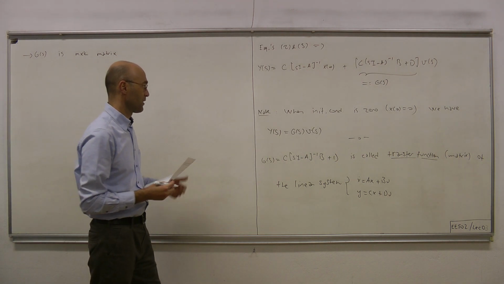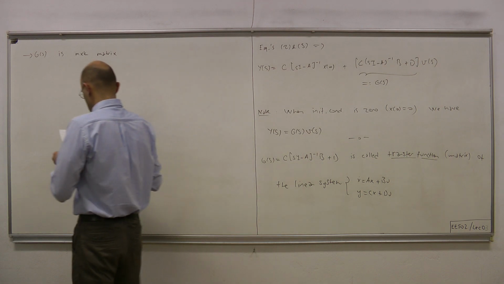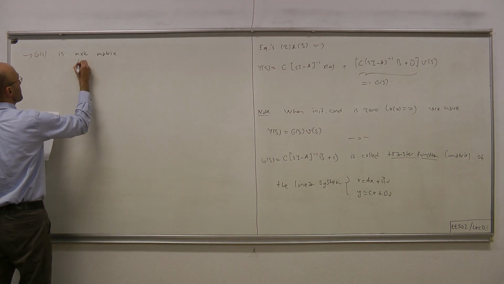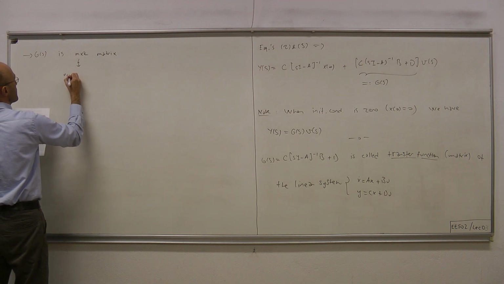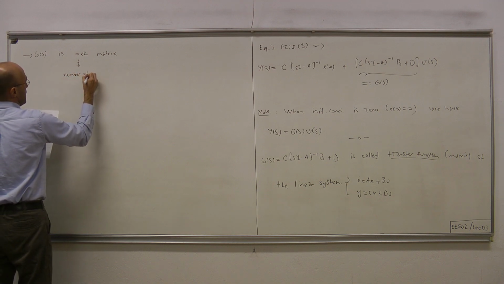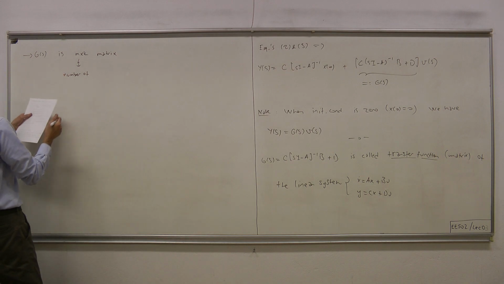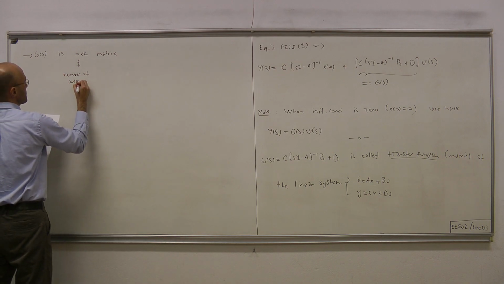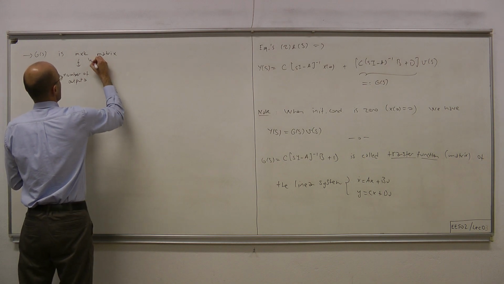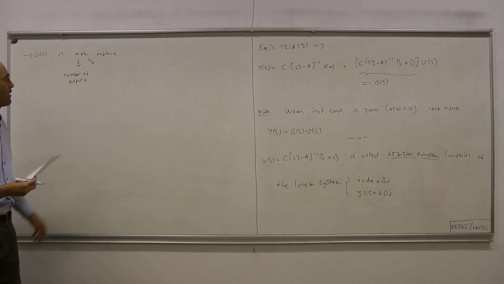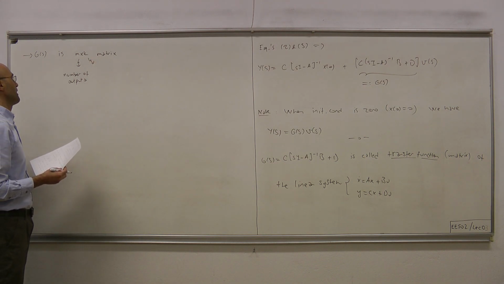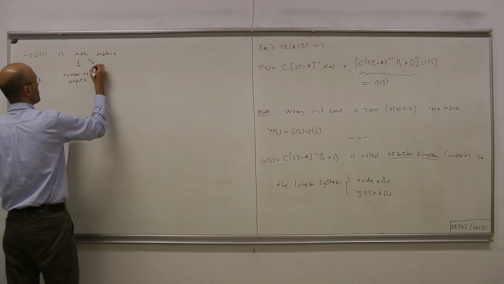So what's m and k? M is the number of individual output variables that we have, the number of outputs. And k is the number of individual inputs that you have in the system, the number of inputs.